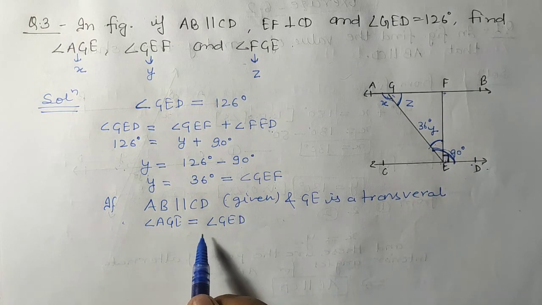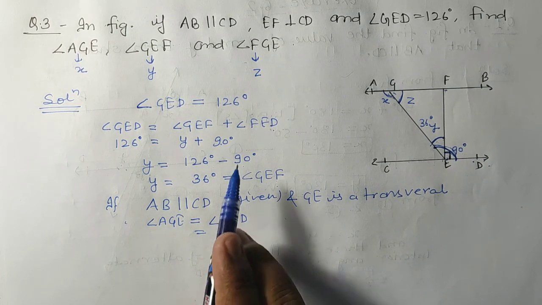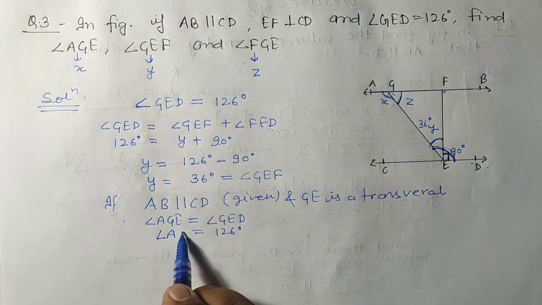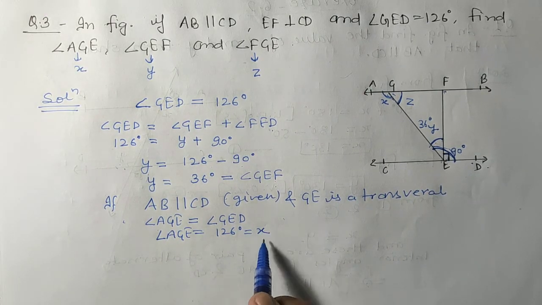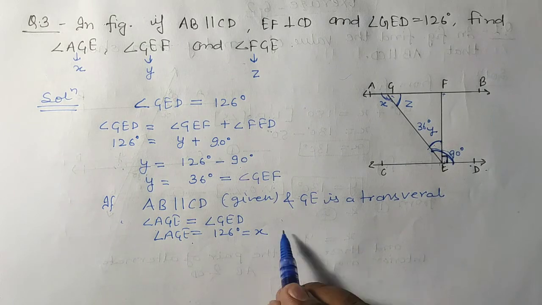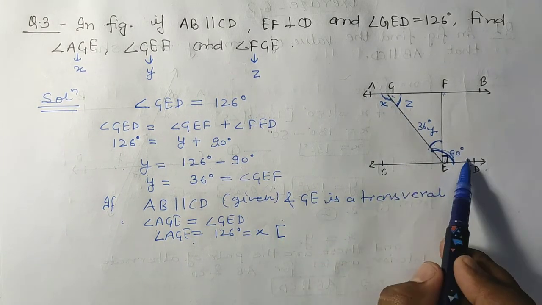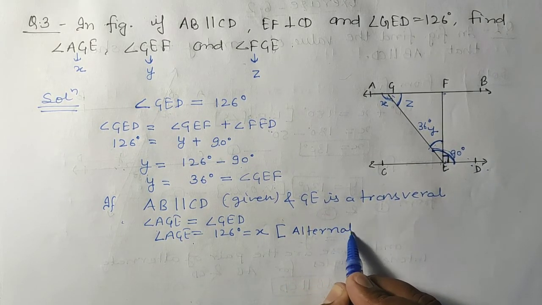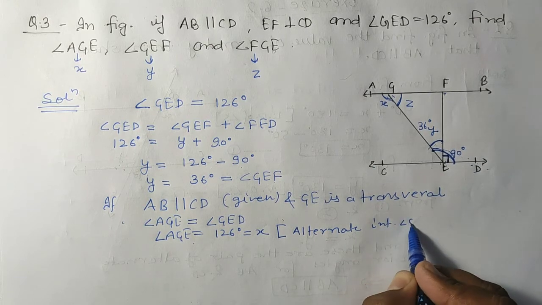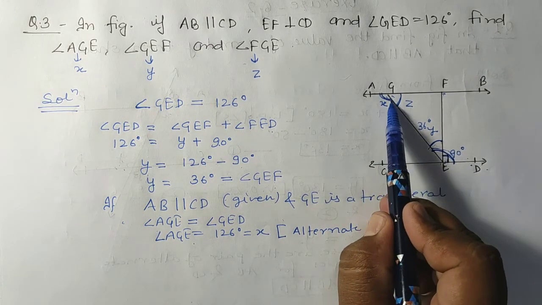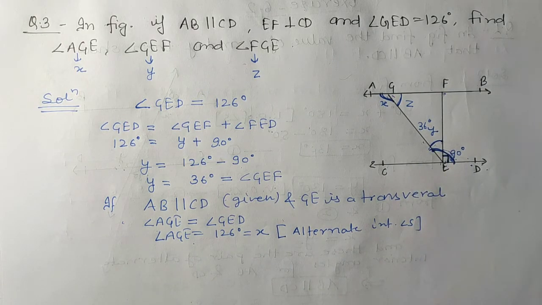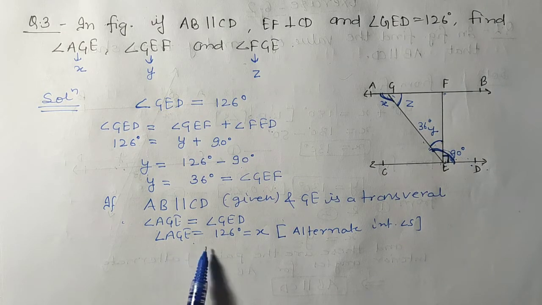Angle GED is 126 degrees. So angle AGE, that is X, is also equal to 126 degrees. The reason behind it is alternate interior angles. X is equal to the whole, this is 90 plus 36, that is 126 degrees. So this is the value of angle AGE.